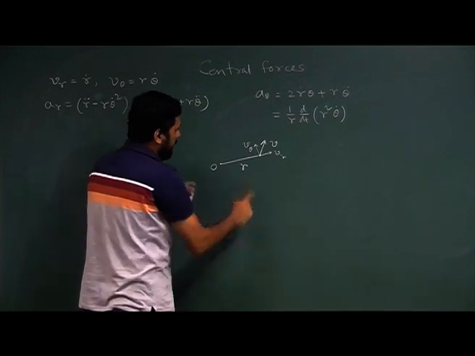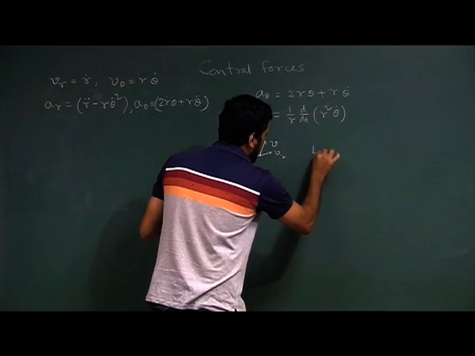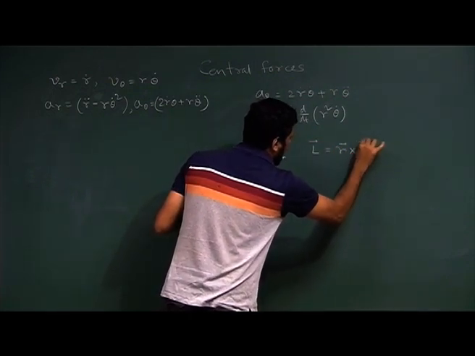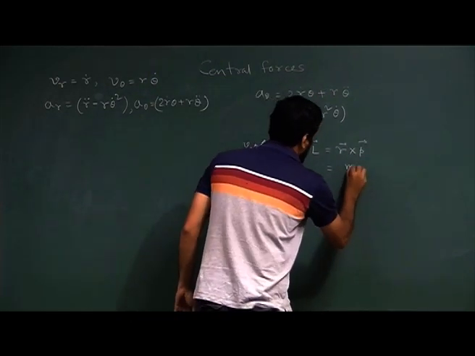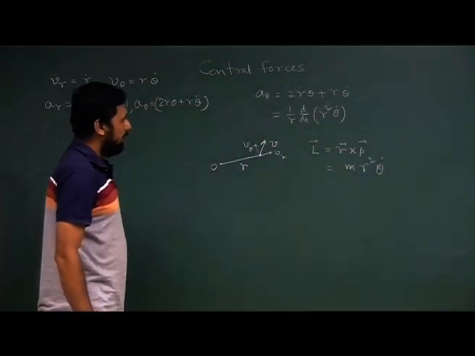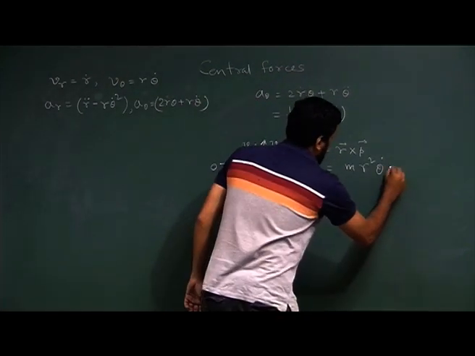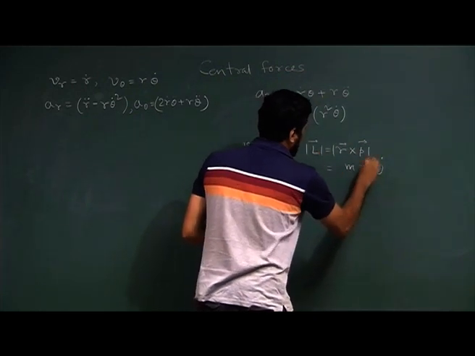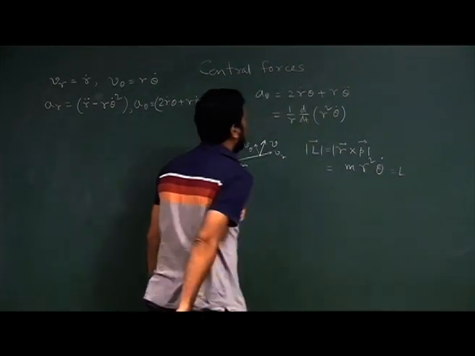So, if we now want to calculate the angular momentum L, which is given as r cross p, it will be m r square theta dot. This will have a magnitude of m r square theta dot, and we simply call this L.